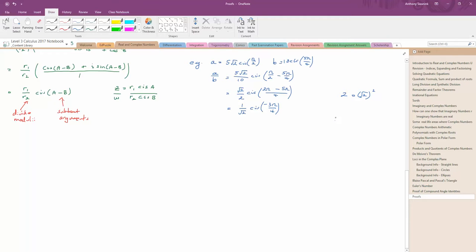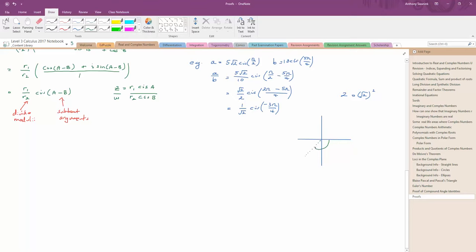Remember, if you have a negative argument, an angle of negative 3 pi over 4, that's negative 3/4 pi, which actually would be about here.